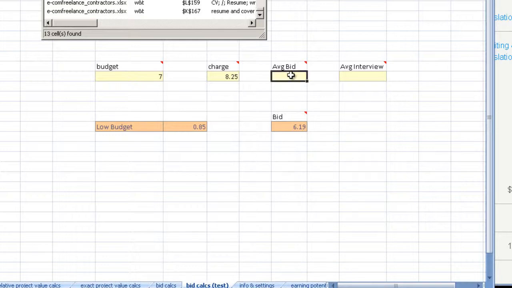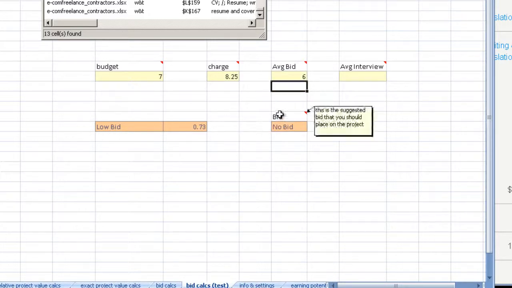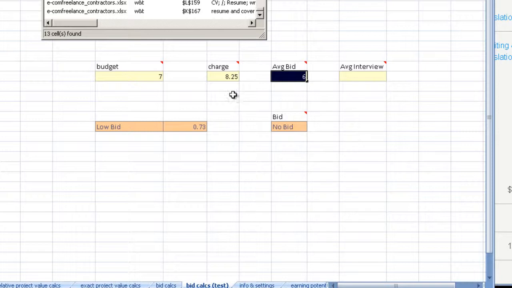Stays the same, so the average bid amount doesn't have an effect there. But if the average bid amount was $6, it would suggest that you don't make a bid. But if the average bid was higher than the amount that was put in originally, it might be a bit more reasonable to take the contractor's normal bid and reduce that amount just slightly.